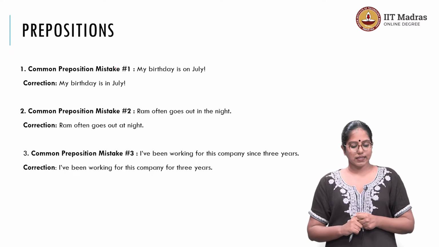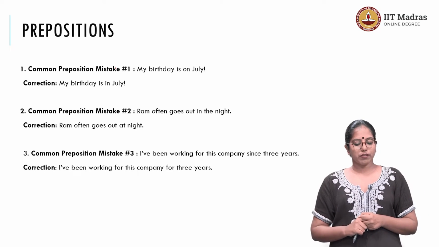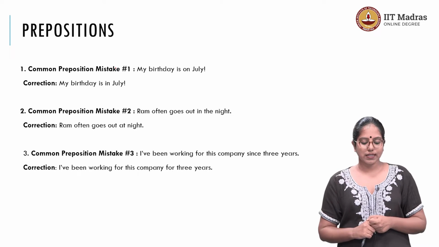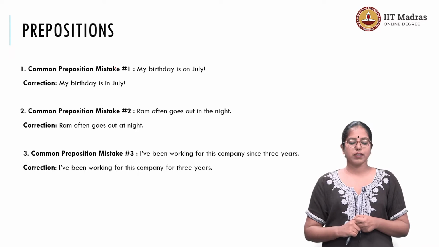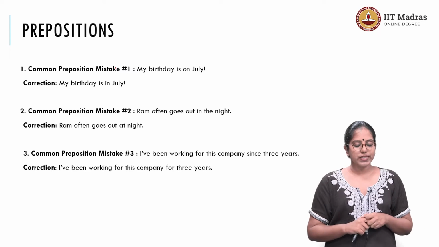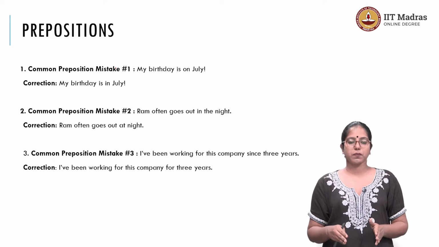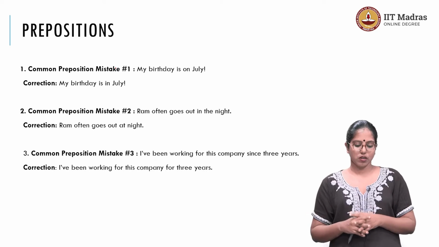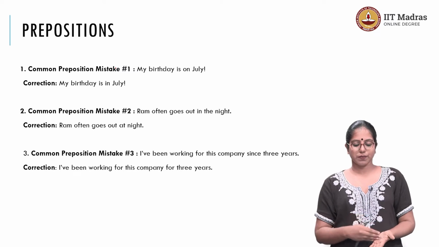The next sentence is, I have been working for this company since 3 years. And the right sentence is, I have been working for this company for 3 years. So, to describe periods of time, the preposition for is usually used. You can still use since to describe the specific time.